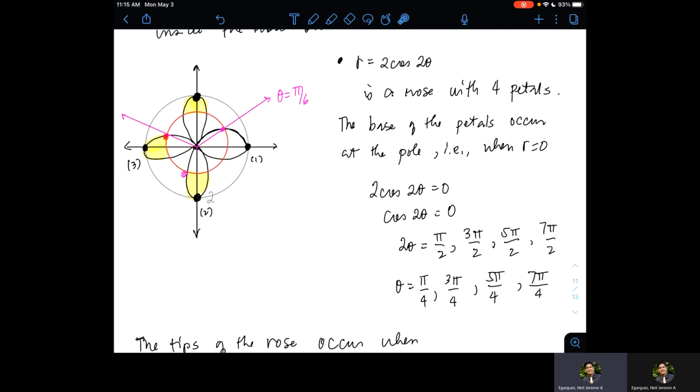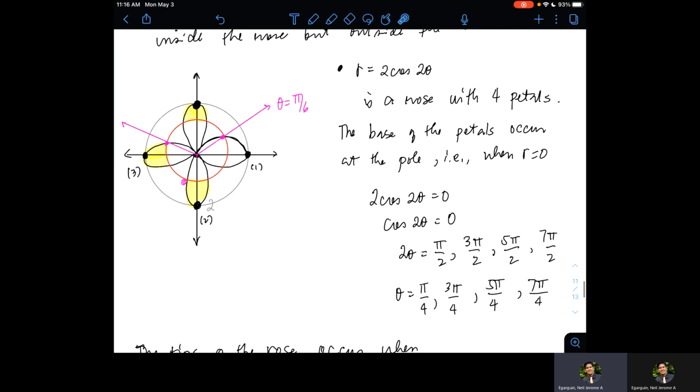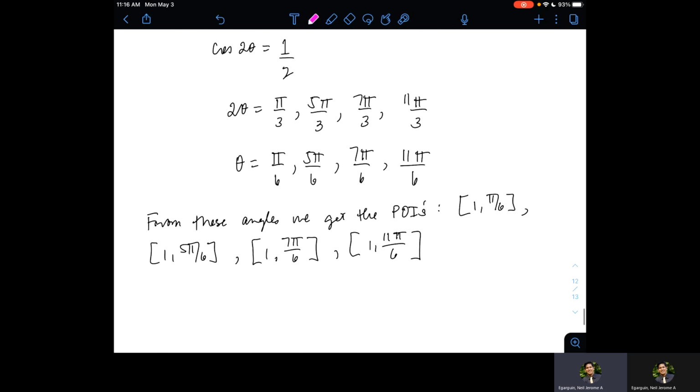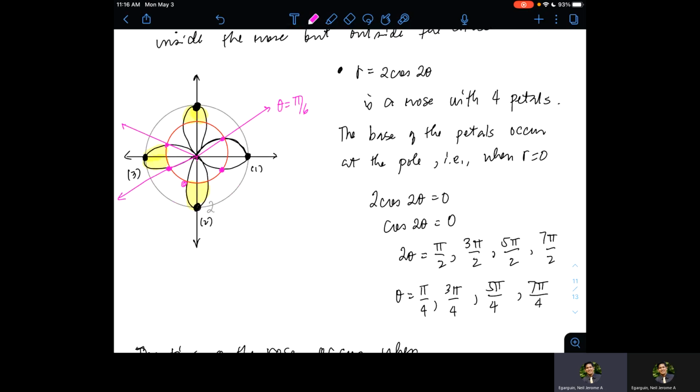So that's going to be this point. The other one is 1 comma 7 pi over 6, so that would be here, that point over there. And the last point is 1 comma 11 pi over 6. So that's going to be here.